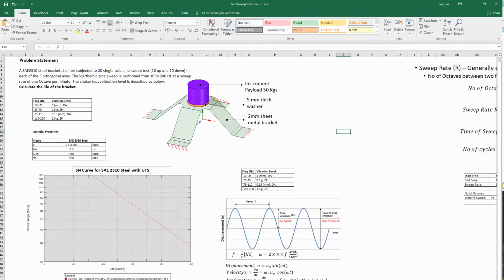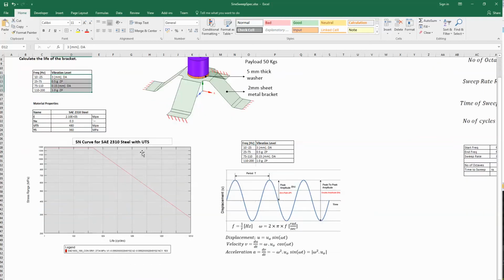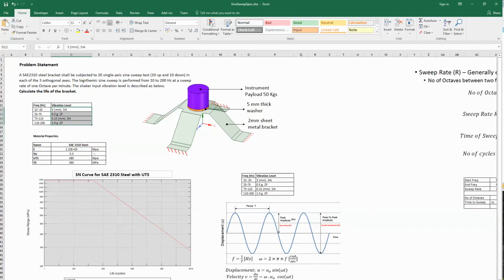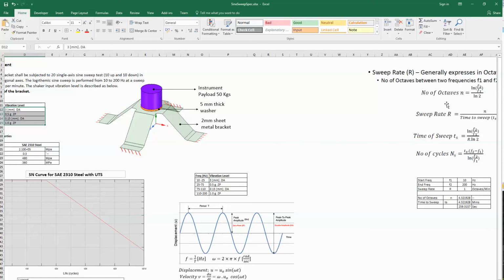The point to remember here is that for the stress calculation, only the frequency range and vibration levels are used. The information about number of sweeps, the type of sweep, and sweep rate are nowhere used. These are all parameters required to calculate the fatigue life. So they are really not useful in the harmonic analysis as such, but they are very much required to calculate the fatigue life of the product.